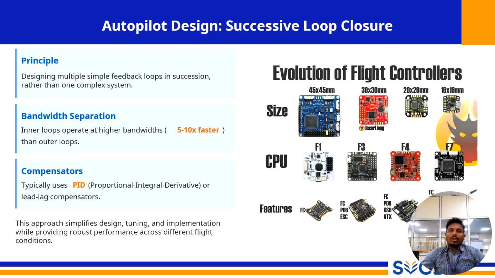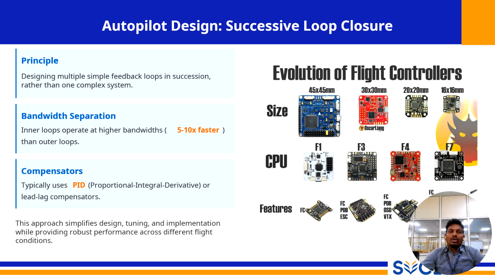Instead of attempting to create a single monolithic controller that handles every aspect of flight simultaneously, we break the problem down into a nested series of simple control loops. Think of it as a hierarchy of control.